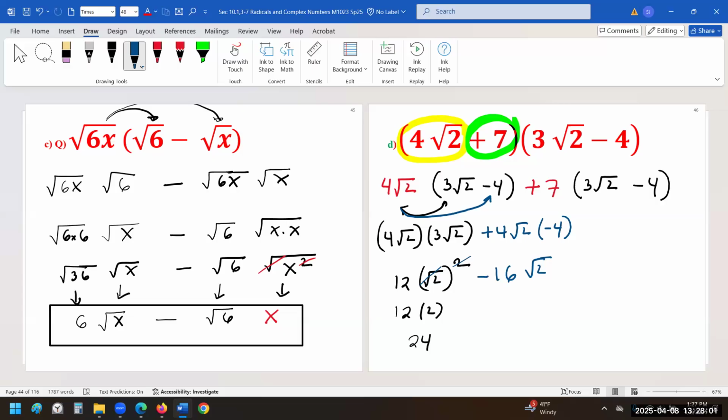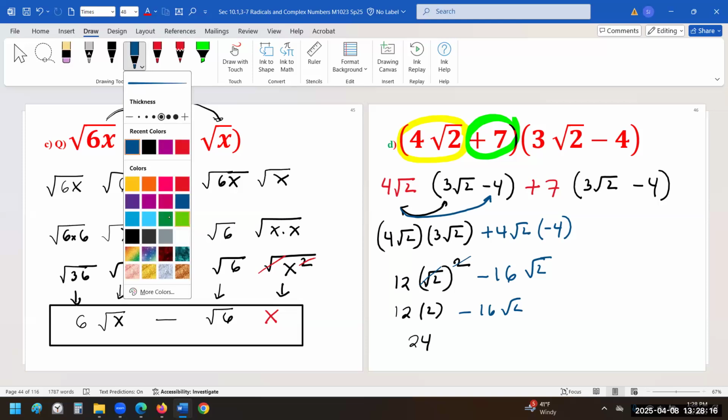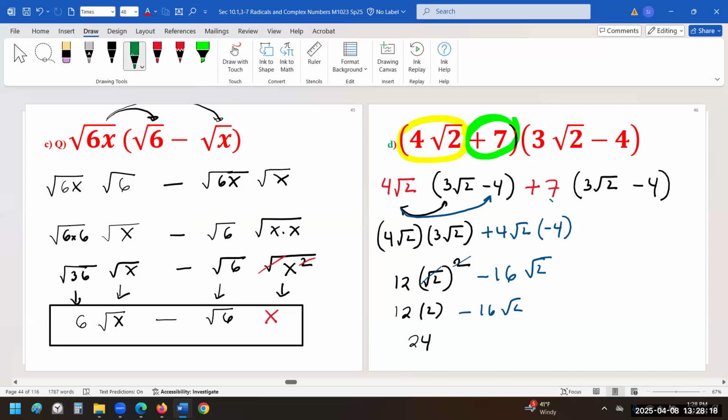So the second term gives us negative 16 square root of 2. And let's keep it down. Negative 16 square root of 2. The next time I'm going to combine. Let me change the color to green and do this one.